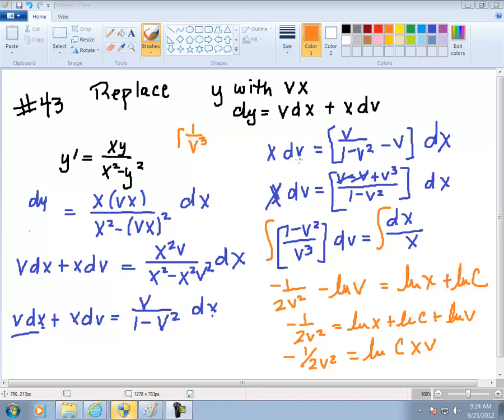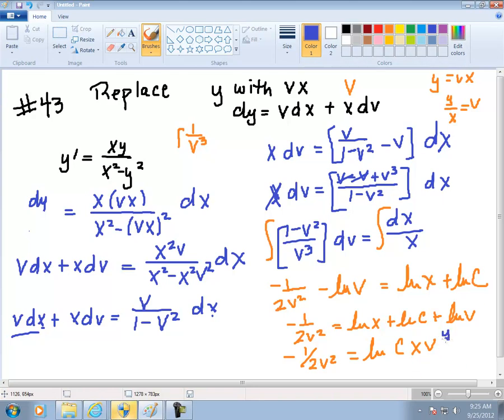And now I'm to the point where I can replace my v with, my y with vx. Remember we made that substitution at the beginning. If I solve this back out, if y equals vx, then v equals y over x. So I'm going to substitute for v y over x.